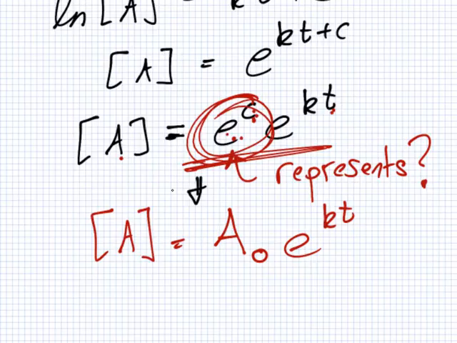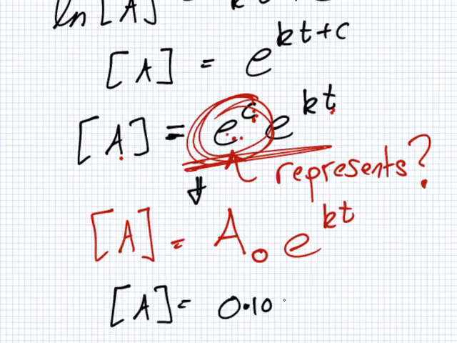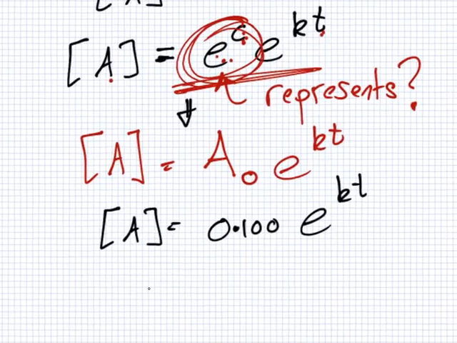Now, do I tell you what the concentration is at the beginning? Well, it says in part C, initially the concentration is 0.100 moles per litre. Do you see that in 4C? So I have here the concentration is 0.100 e^(kt). Then I tell you that 1 unit of time later, the concentration is 0.0739.